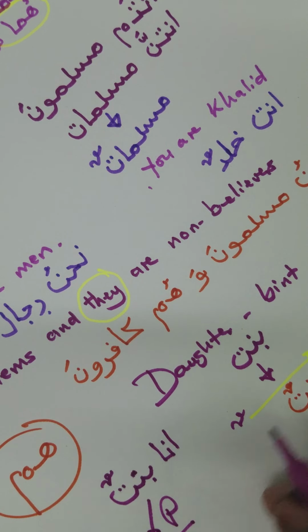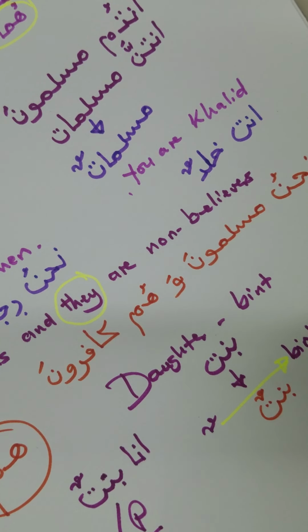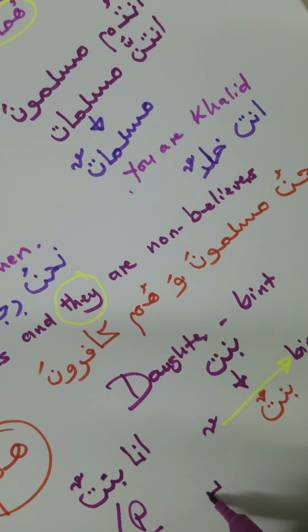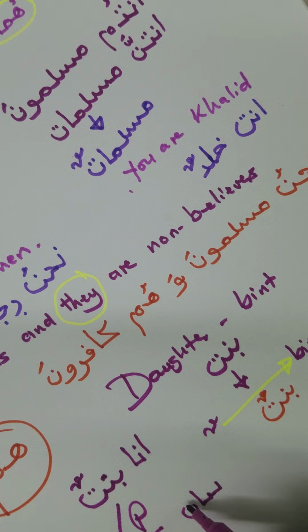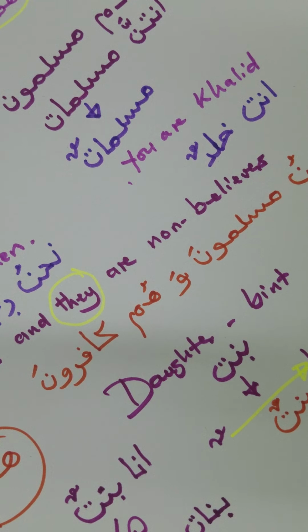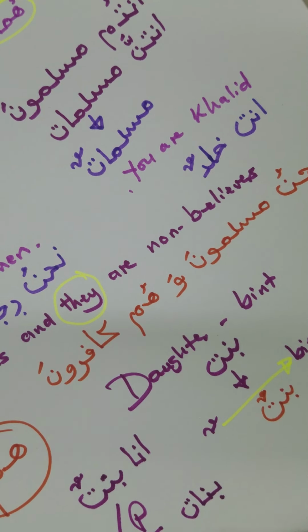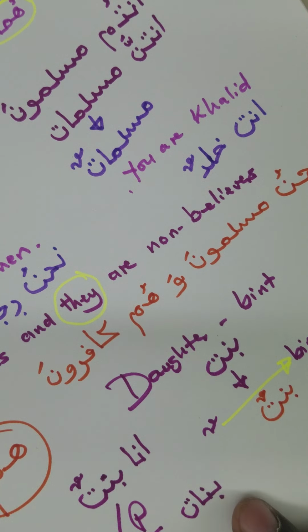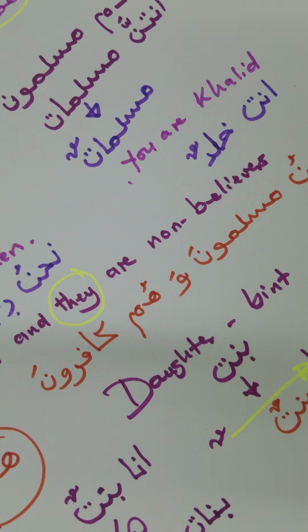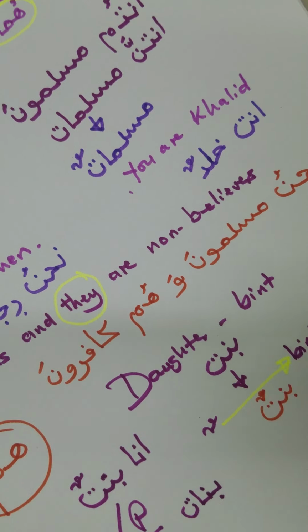It will be banat. So if you want to use we, you can use nahnu, or if you want to say we are daughters, you'll find yourself writing something like nahnu.